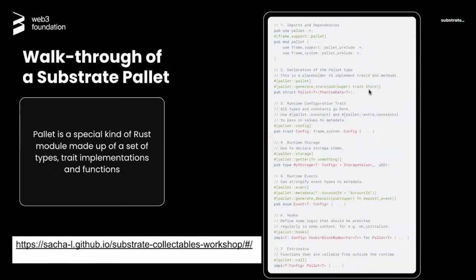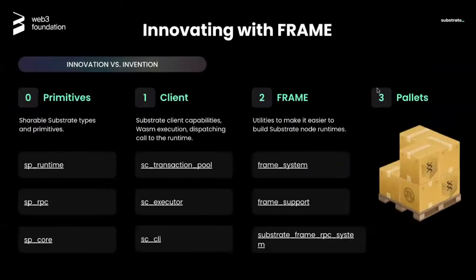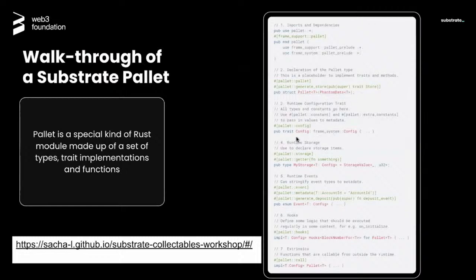So what kind of traits and methods are going to be in this particular palette? Then you have the runtime configuration trait. Again, this is very important, which is exactly what we used in the runtime file previously.